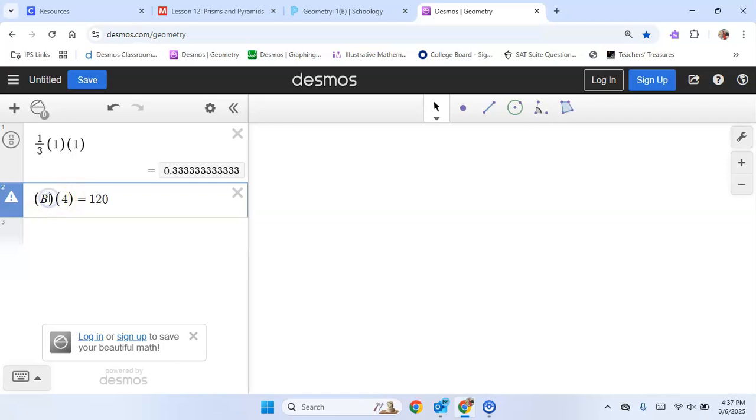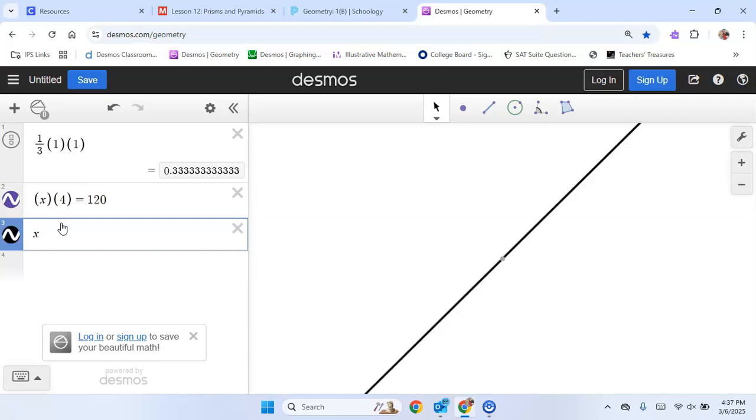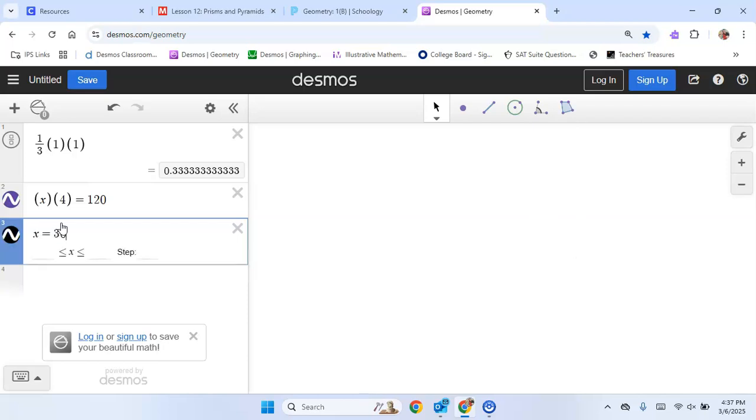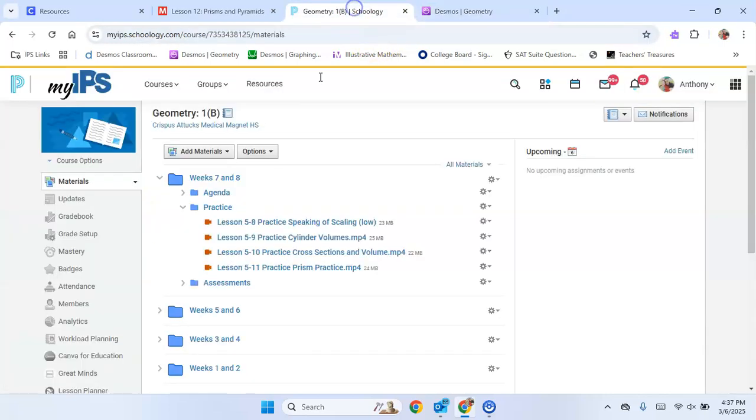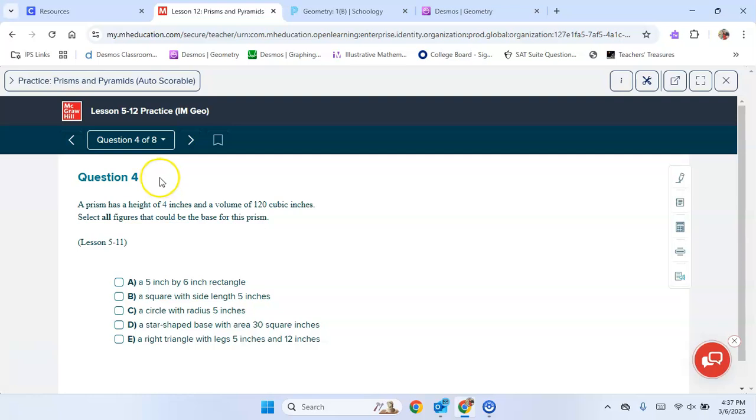And we want to know the area of the base, which is x, right? To solve this, we divide both sides by 4, and we get x equals 30. Any figure that has a base with an area of 30 would be an answer.